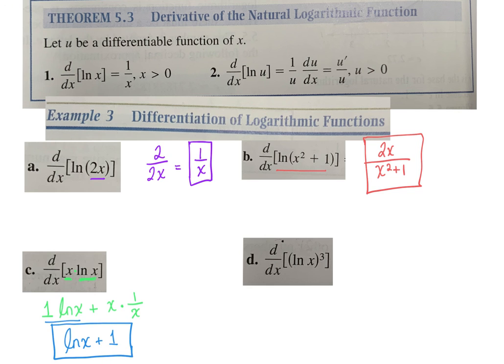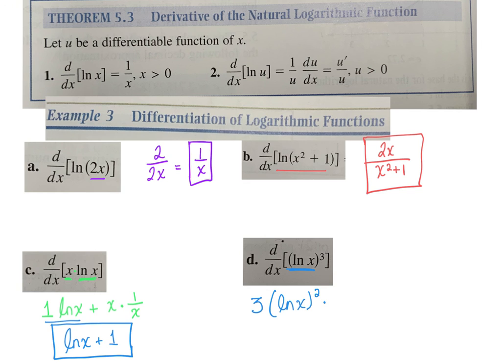The last one uses the chain rule. The chain rule: derivative of the outside times the derivative of the inside. So for the chain rule here, your outside is your ln of x grouped to the third power. So we're going to do the derivative of the outside, that's 3 times the ln of x squared.